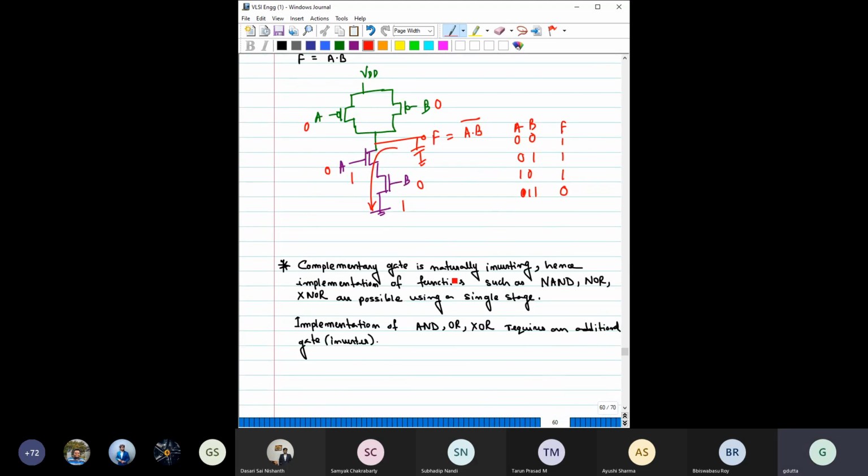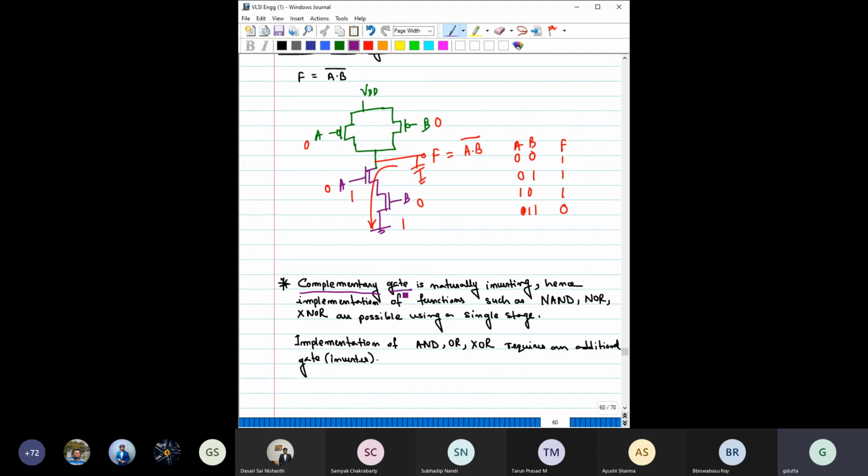Right. So from here you probably have noticed that this complementary gate implementation is by default inverting type. That means we are getting NAND gate, NOR gate, XNOR gate in a single stage.